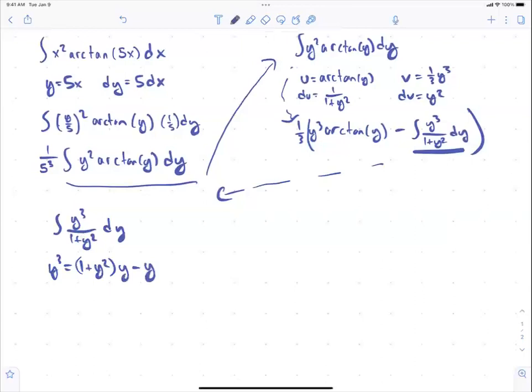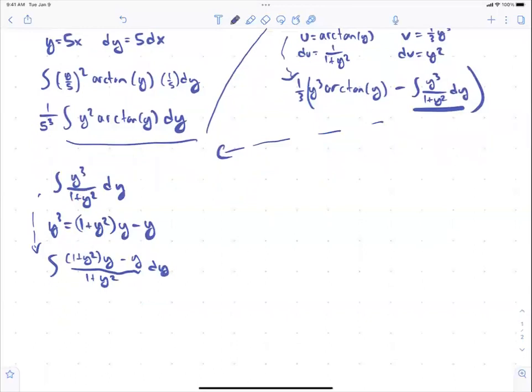Okay, so why did I do this? Well, the point is 1 plus y squared is what's in the denominator, so I can use this to get some cancellation. So this integral becomes the integral of (1 plus y squared) times y minus y, over 1 plus y squared, dy. Okay, and I'm just going to break this up into two parts. So I just separate the numerator.